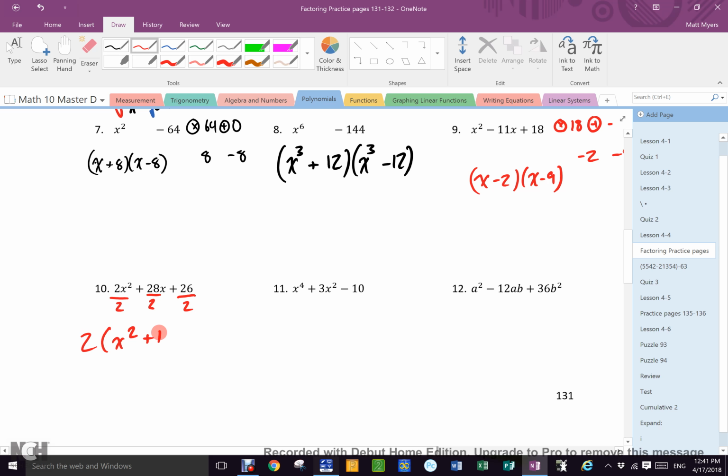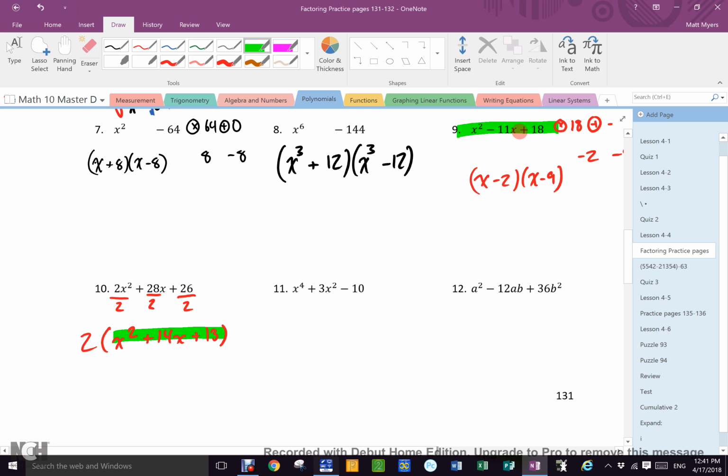2x squared plus 14x plus 20 plus 13. Now, all of you remember me saying in my loud and obnoxious voice that sometimes you have to factor more than once. So you look at that and you say to yourself, self, that looks a lot like all this other stuff.